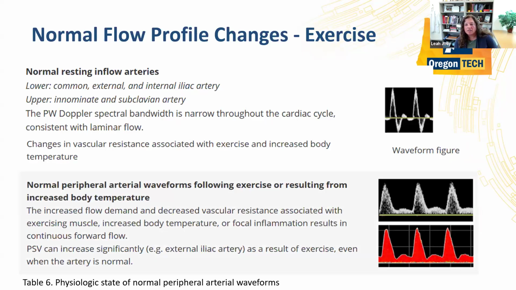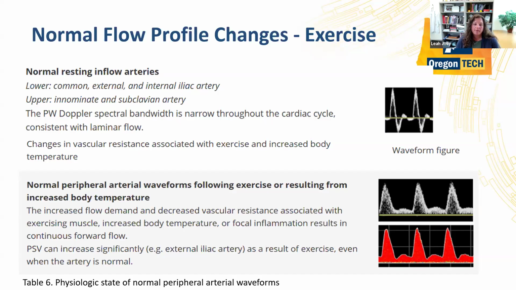Compare that to now the patient has exercised. So we had them walk on the treadmill, or they just ran in from the parking lot because they were late for their appointment. Now we still see a rapid upstroke, but a lot more diastolic flow. And that's because those muscles are demanding oxygen. And so the arterioles dilate and allow more flow to get there.